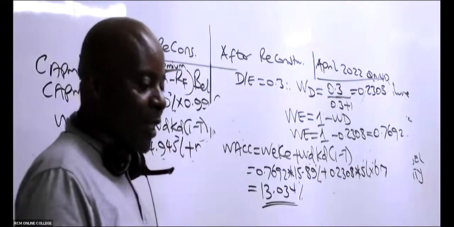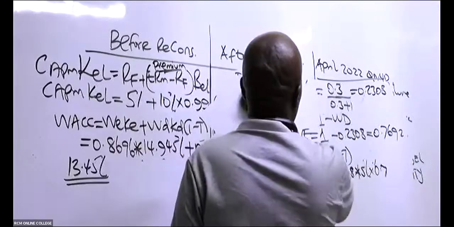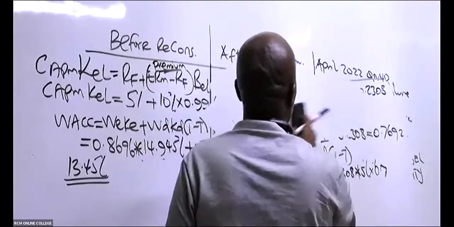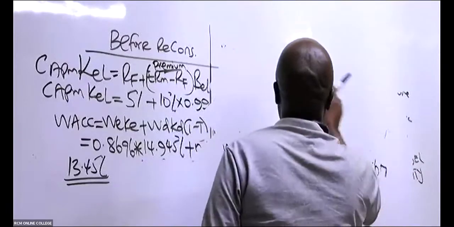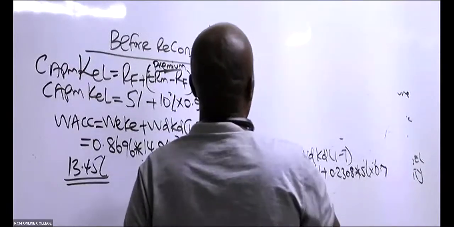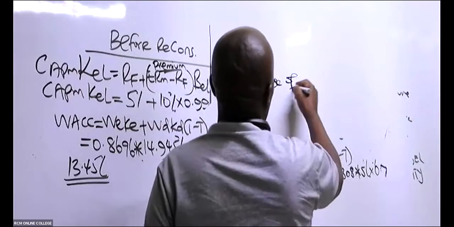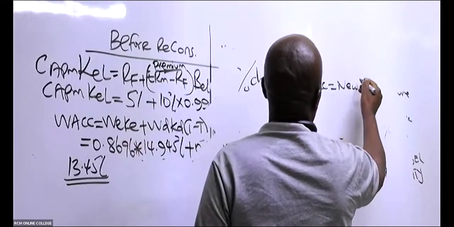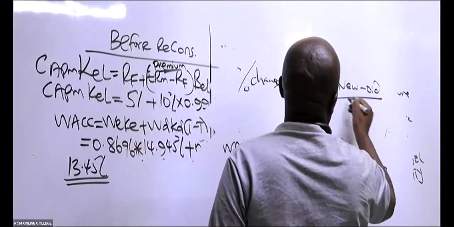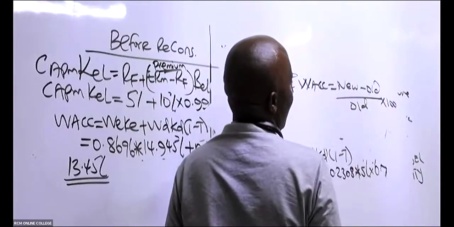At times, if they ask for the percentage change in WACC, although this one they never asked, you take new minus old, over old, times 100.